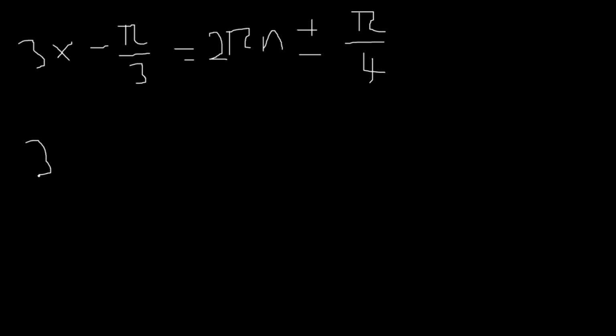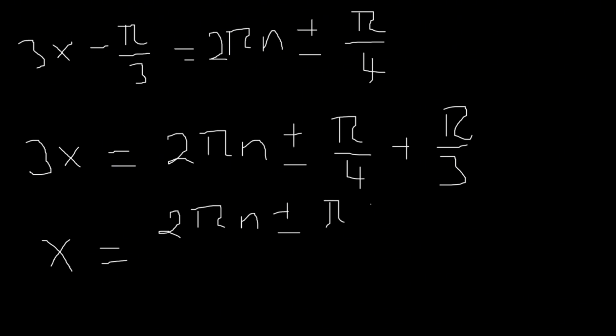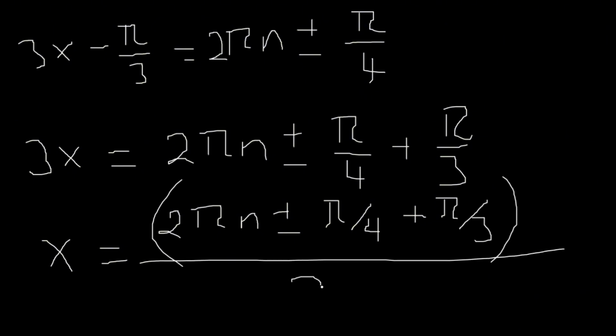Therefore, our 3x is equal to what? 2 pi n plus minus pi on 4 plus pi on 3. Okay, therefore our x is equal to 2 pi n plus minus pi on 4 plus pi on 3, all this divided by 3.